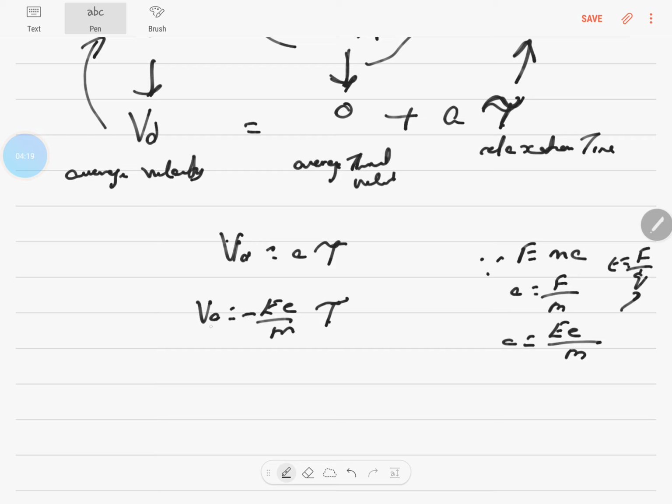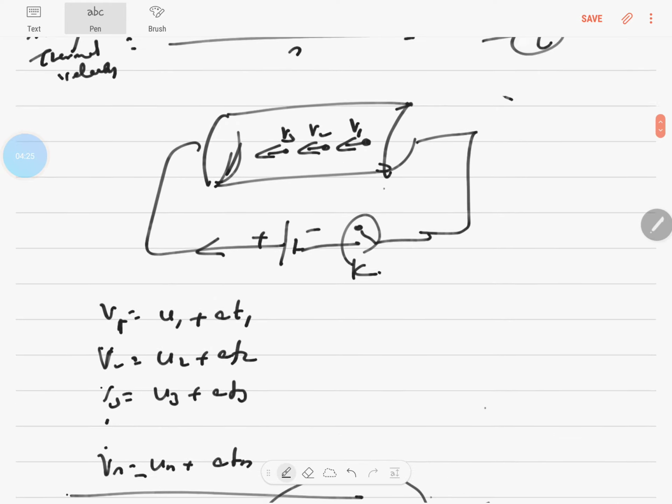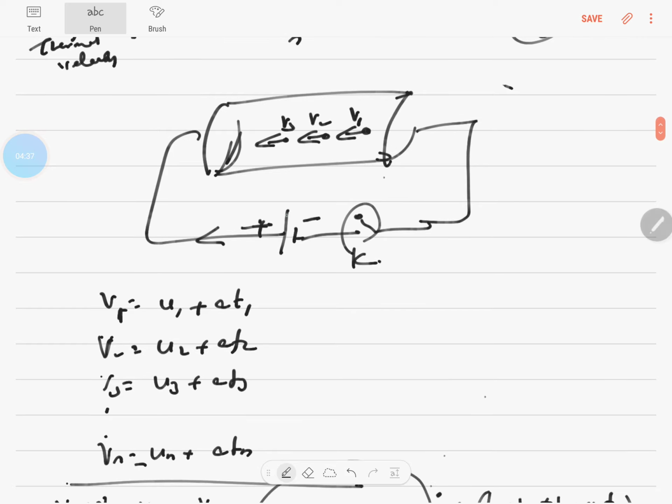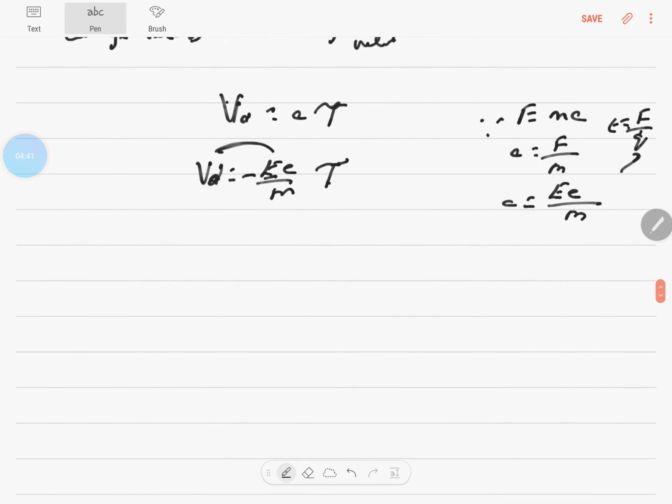You have to include a negative sign here to indicate that the electric field and the drift velocity are opposing each other. The drift velocity, can you see, is from right to left, whereas the electric field is from left to right, positive to negative. So thus the electrons are getting accelerated in a direction opposite to that of the applied electric field. This is one of the most important MCQs.